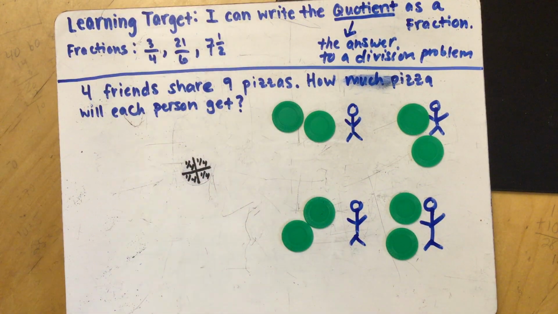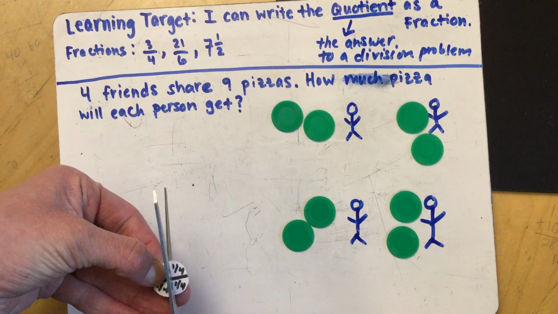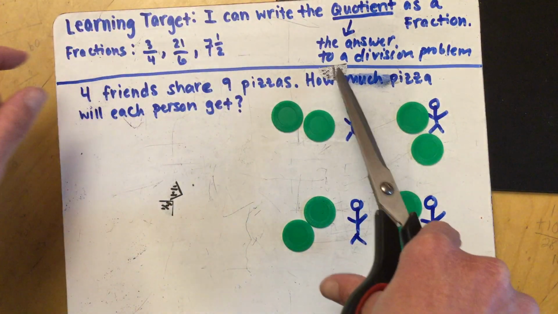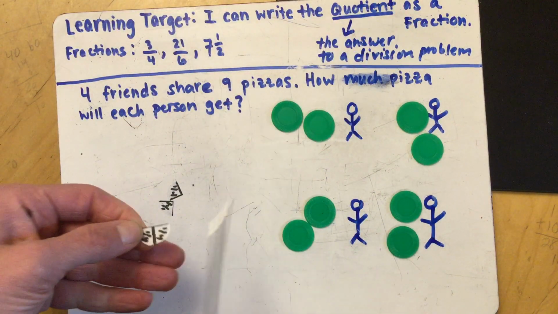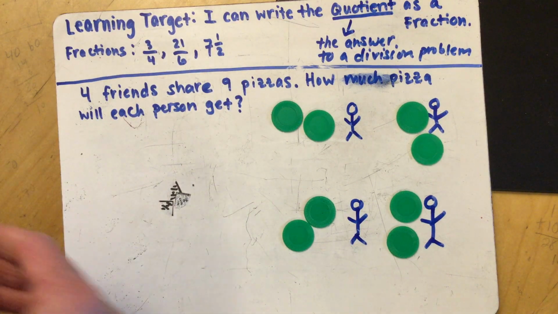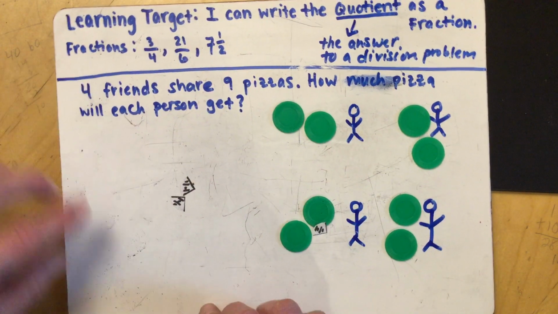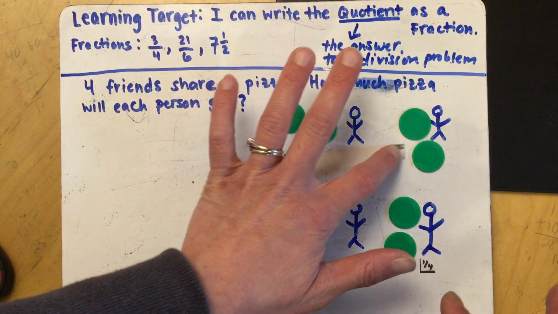Okay, take my scissors and cut that up so that you can see this one final pizza being cut into 4 pieces. Now I can give each of those 4ths to each of my friends here so that there's no arguing. Everyone gets a fair amount of pizza.